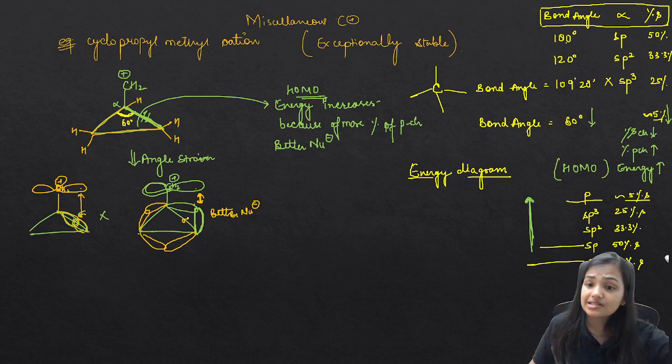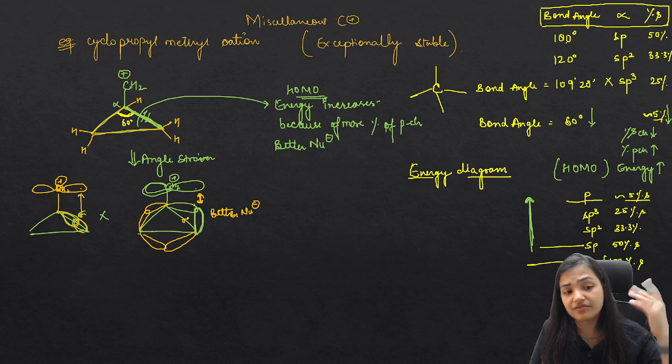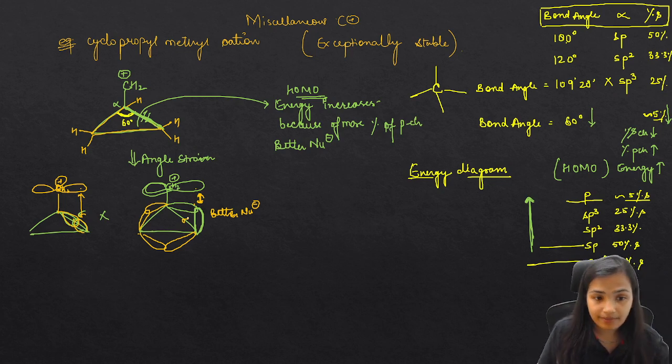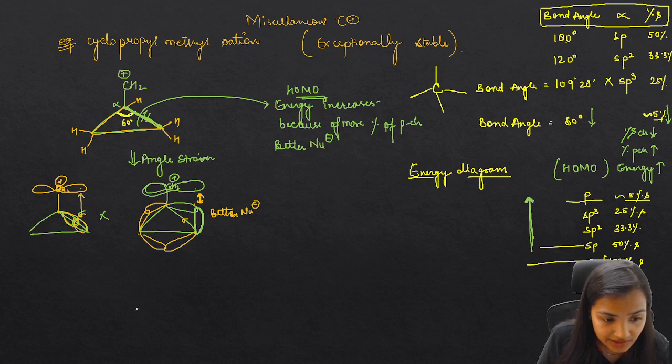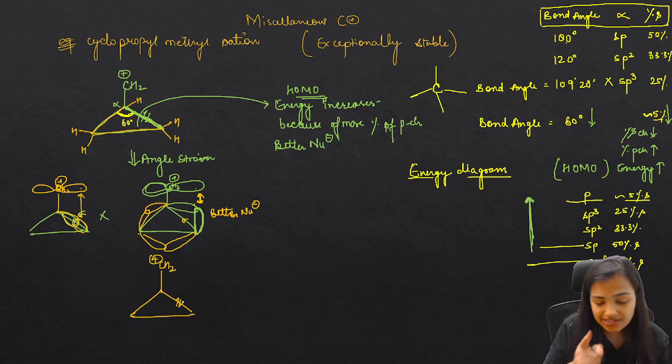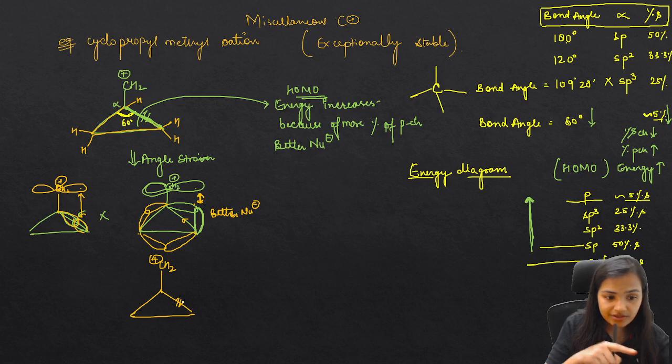The energy increases, and as the energy increases, this would easily be able to give the electron pair to the carbocation. Because of such reasons, we have found that this species can give its electron pair. So when this tries to give its electron pair, what can happen?